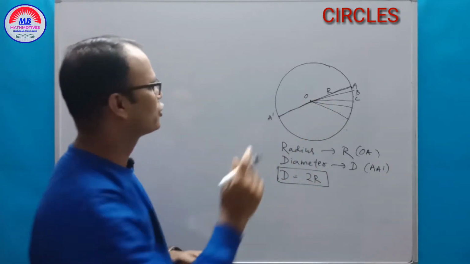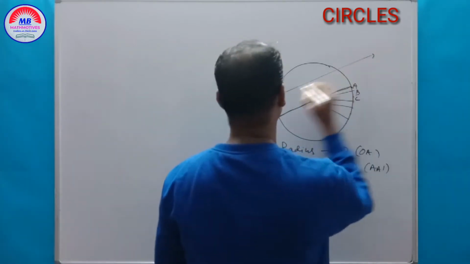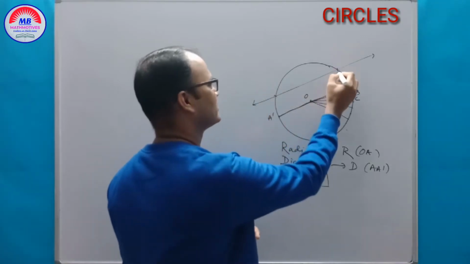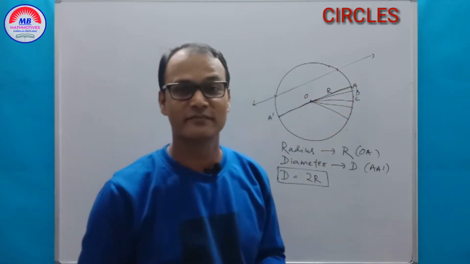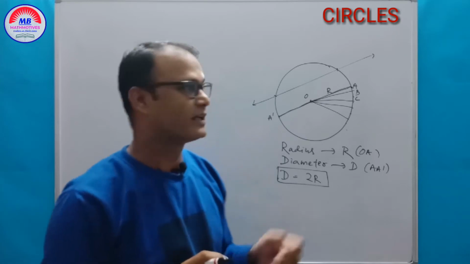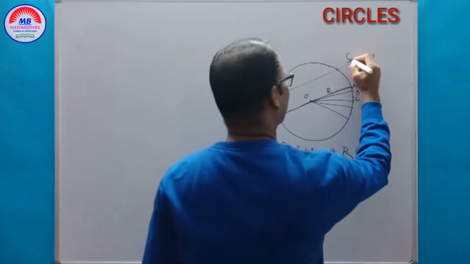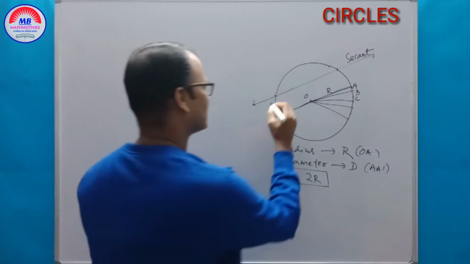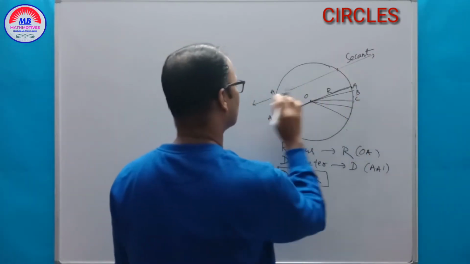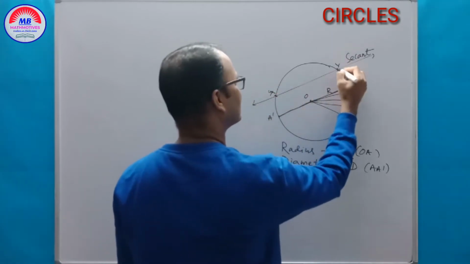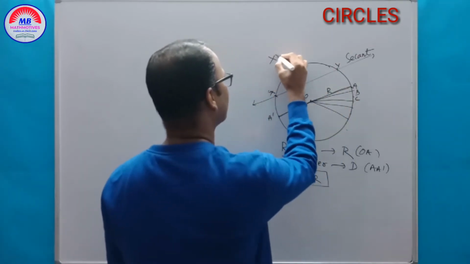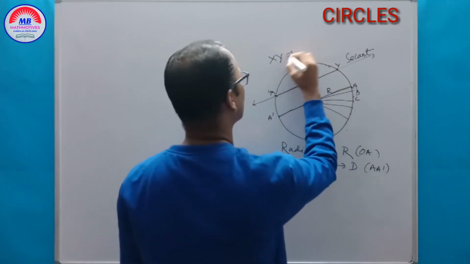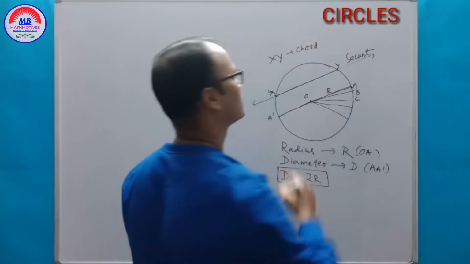Suppose we draw a line passing through the circle and touching 2 points, then what do we call it? Tell me, what do we call it? That line is called a secant. But the line segment from x to y, this line segment is called a chord.